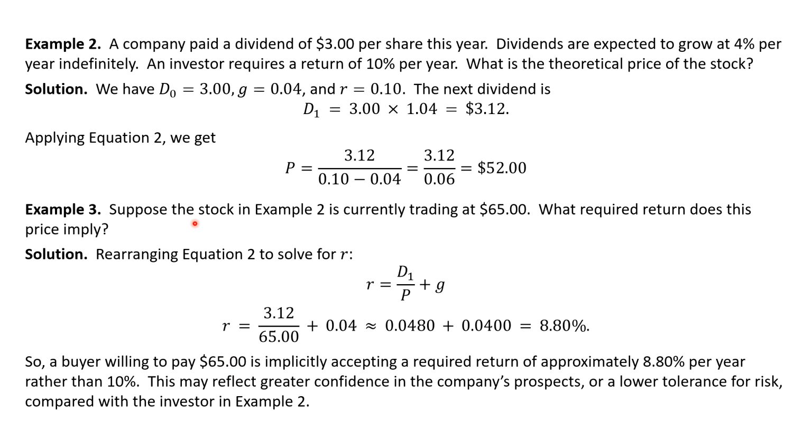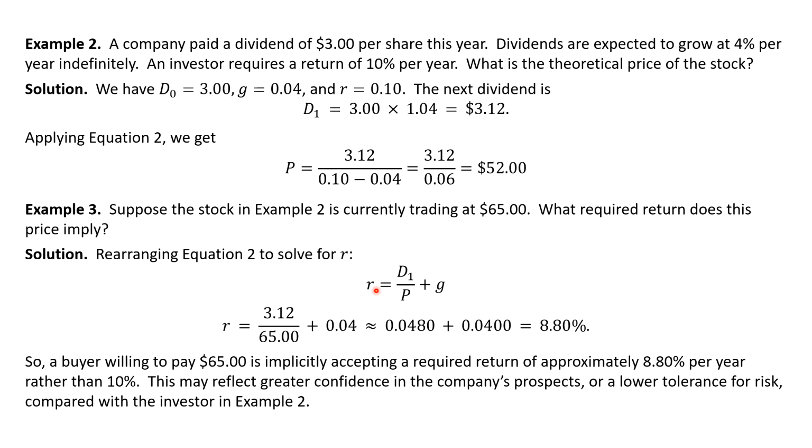Then we have a second example. Suppose the stock in example 2 is currently trading at $65. What required rate of return does this imply? Okay, so we already know this is not a good buy based on this analysis here, but we're being asked, well, what rate of return would make this the break-even point?